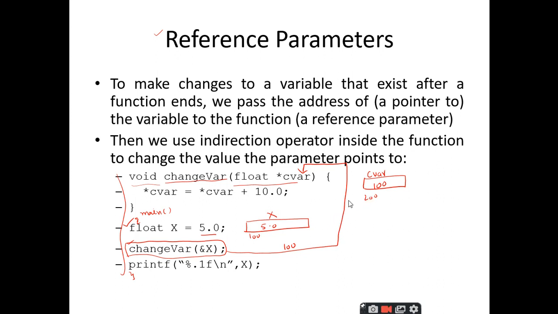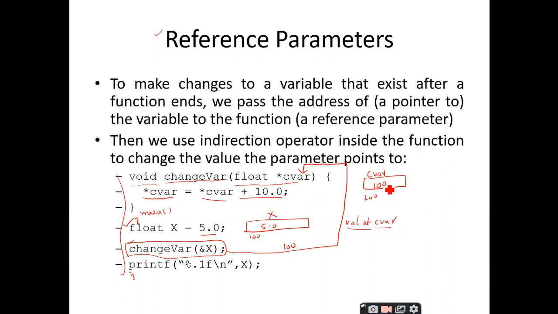See here. Now what is he doing? Value at cvar is equal to value at cvar plus 10.0. So what is value at cvar? Not 100, be careful. I am calling it value at cvar.